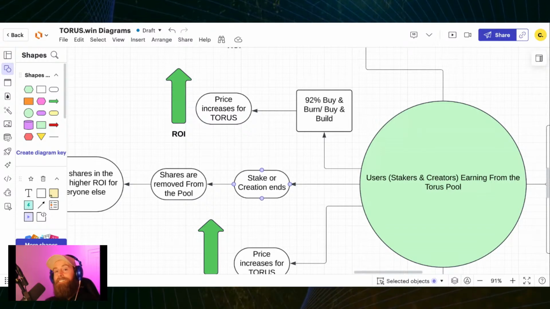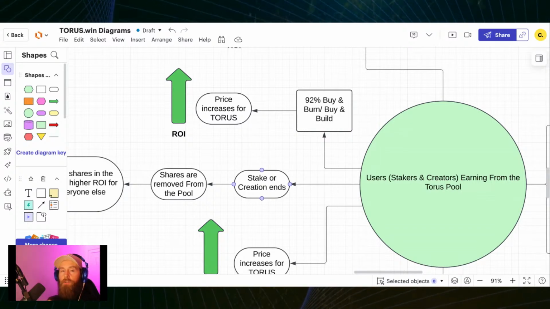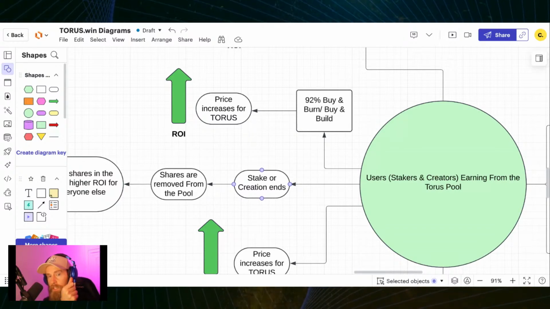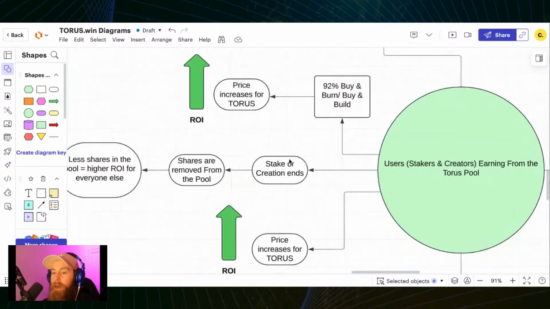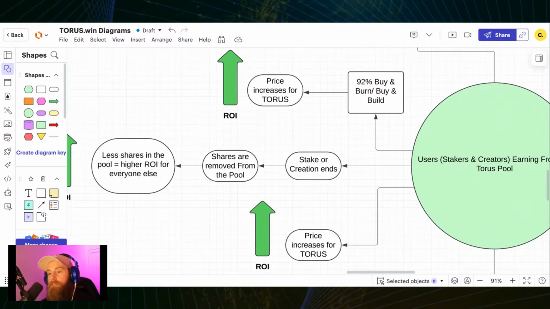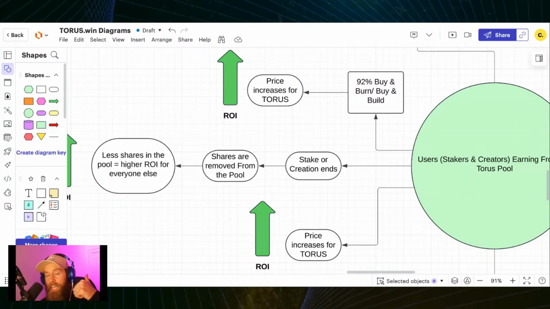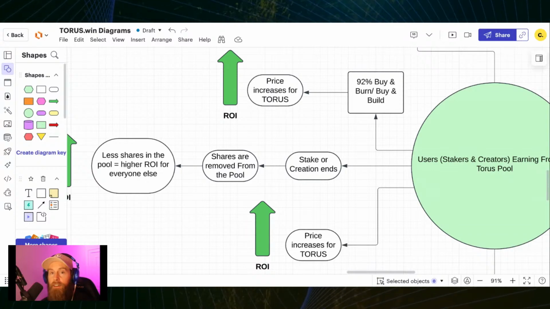If someone has 10 shares in that pool, and on day 88 their stake or their creation is done, you remove them, the ROI is going to go up for everyone, almost by 10%, just like that. And so you can imagine if masses of people are coming out of TORUS, the ROI is going to skyrocket again. And it's going to force people to think about whether or not they want to actually go somewhere else or they want to stay, right?